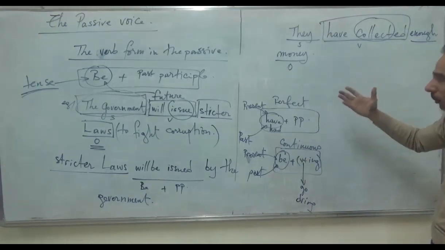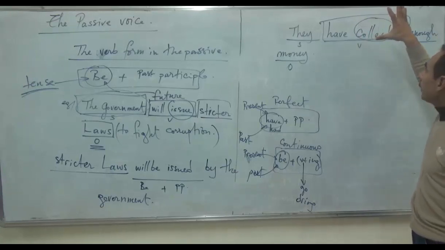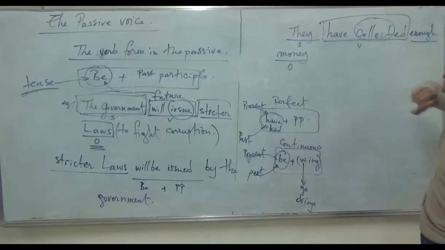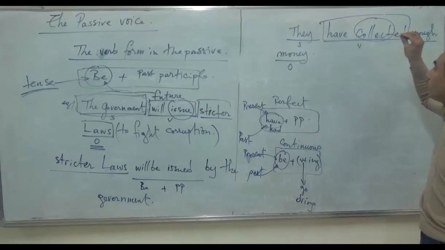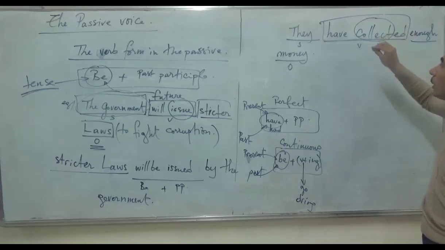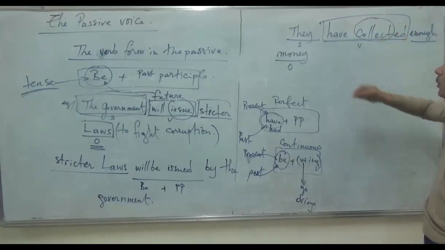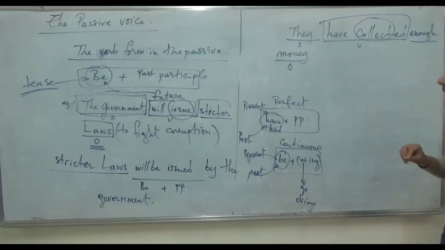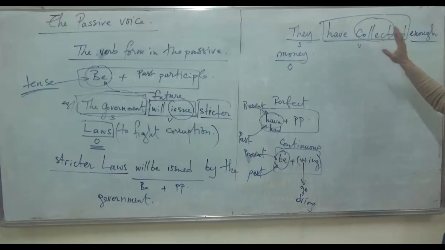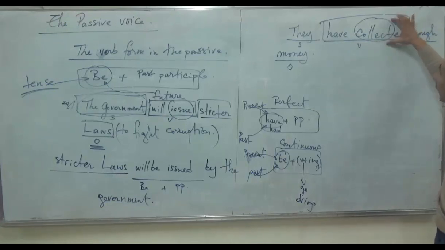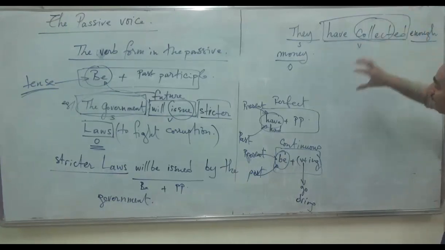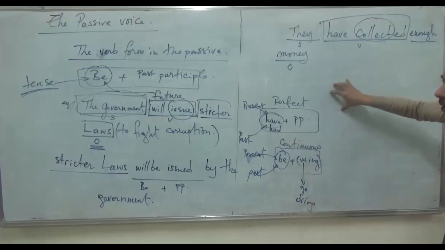It's very simple. When I conjugated the verb in the present simple, or in the past simple, in the future, in the present perfect, or in the past perfect, in the present continuous, or in the past continuous, I conjugated the verb to collect. I am going to do the same thing in the passive voice with to be.